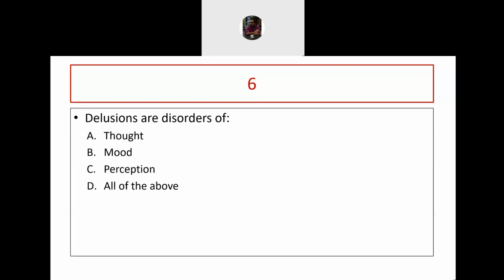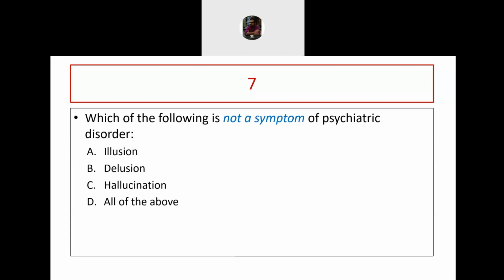Delusions are disorders of. Yes, the delusions are disorders of thought. Which of the following is not a symptom of psychiatric disorder? Yes, illusion can be seen in normal individuals also.